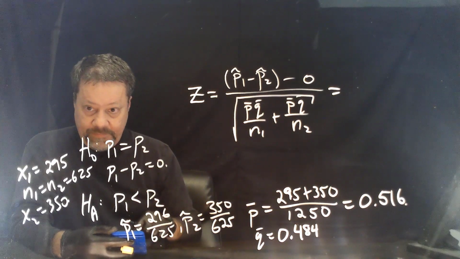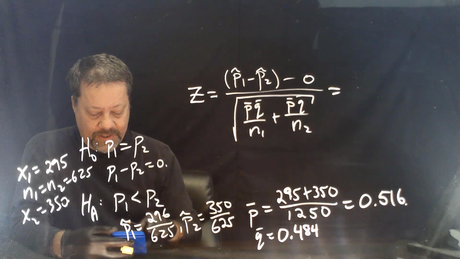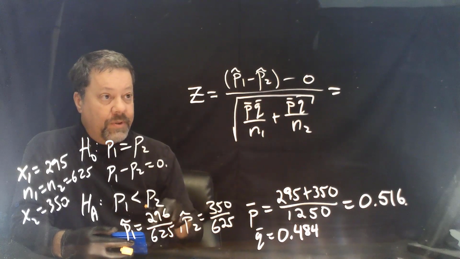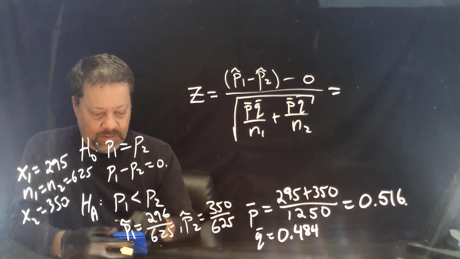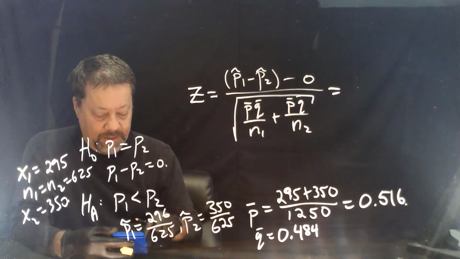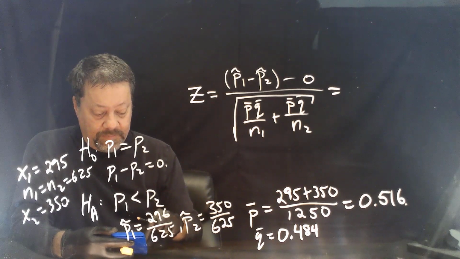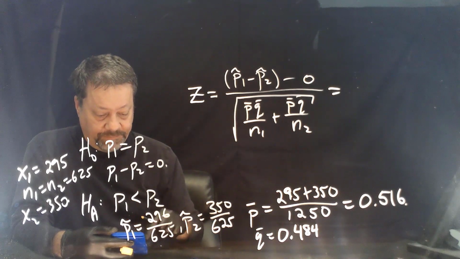I'll have 295 divided by 625 minus 350 divided by 625, close parentheses, divided by the square root of A times B times 2 divided by 625.